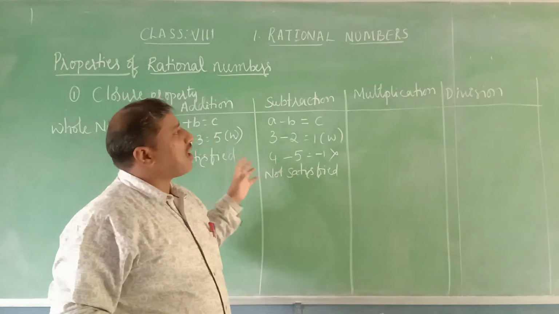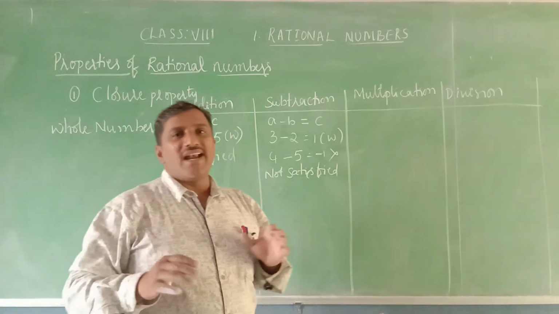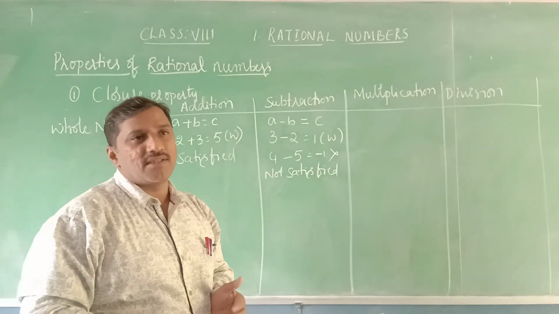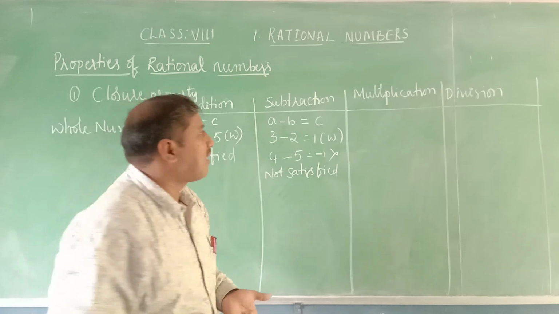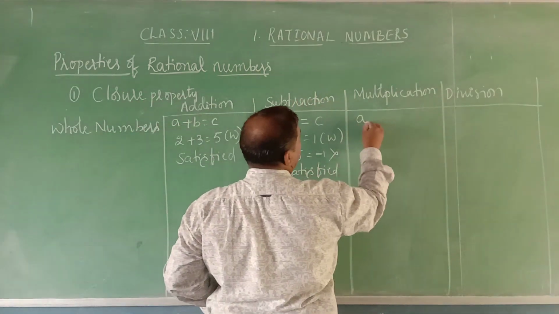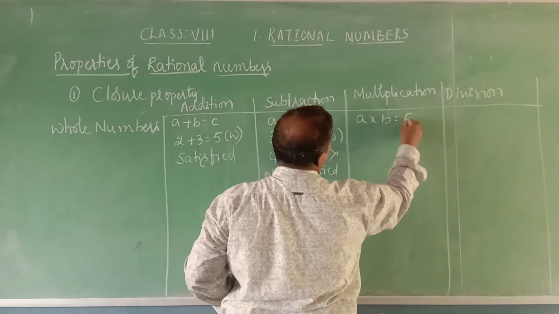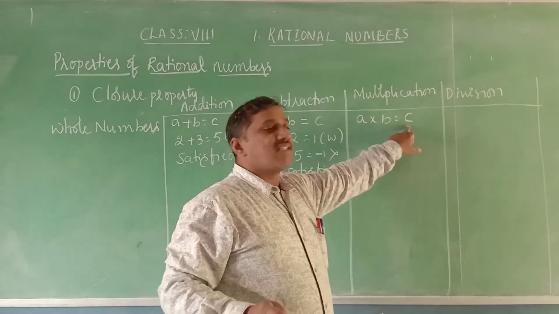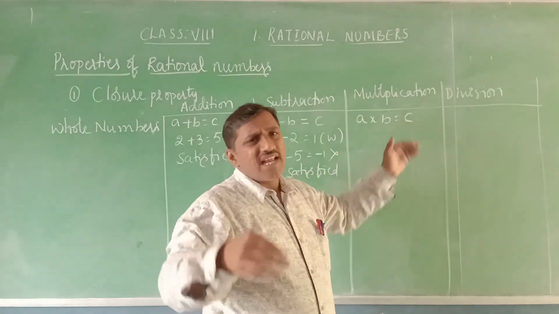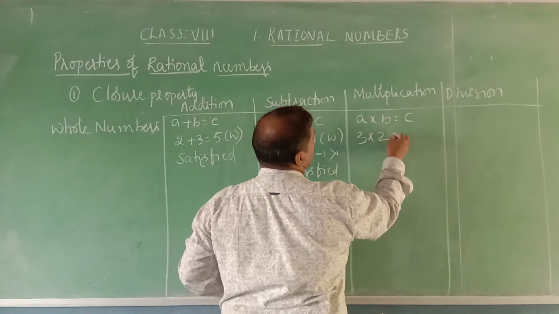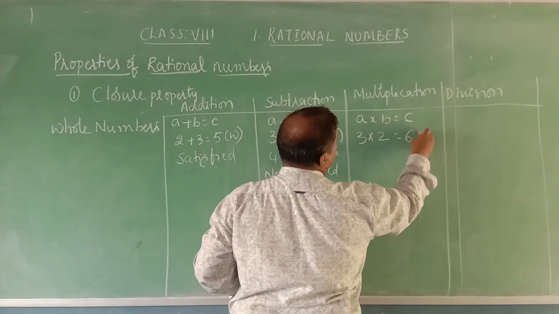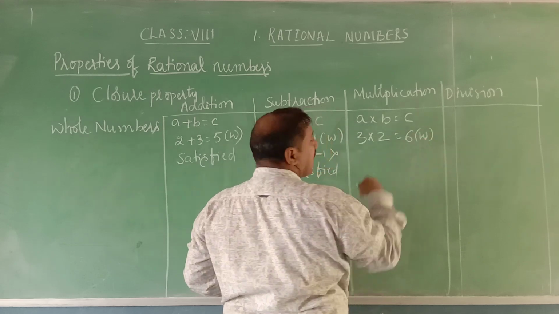Now apply the same concept for multiplication. Let A, B be two whole numbers, then their product is also a whole number. A into B is equal to C, where A, B and C are whole numbers. Take an example: let A is equal to 3 and B is equal to 2. 3 into 2 is 6. It is a whole number. Take some other example.